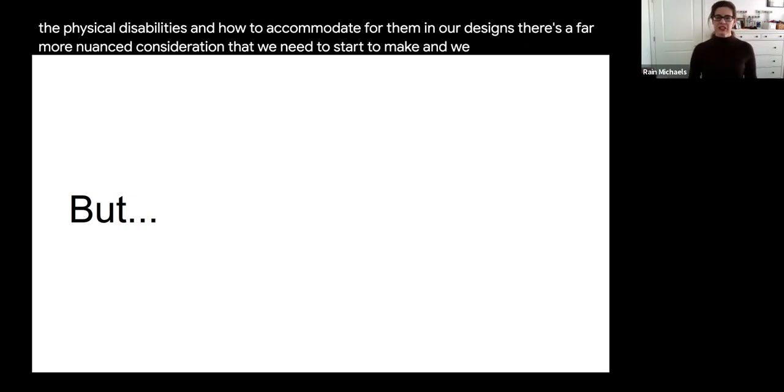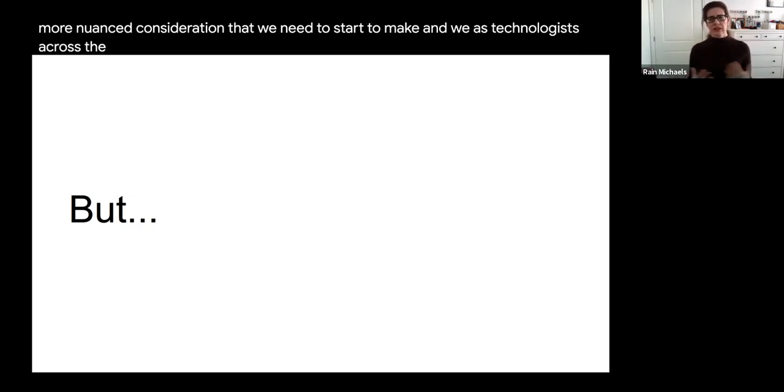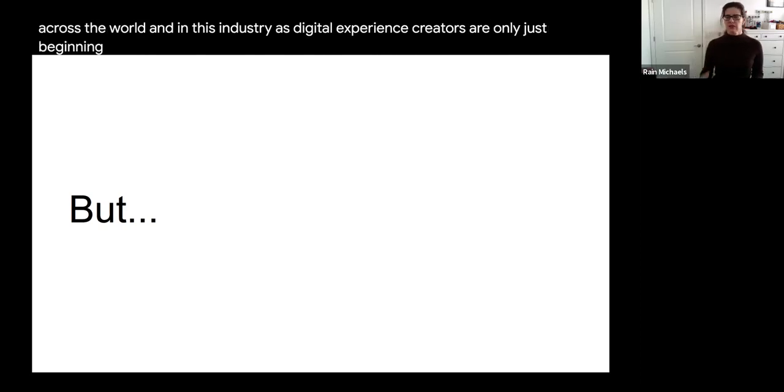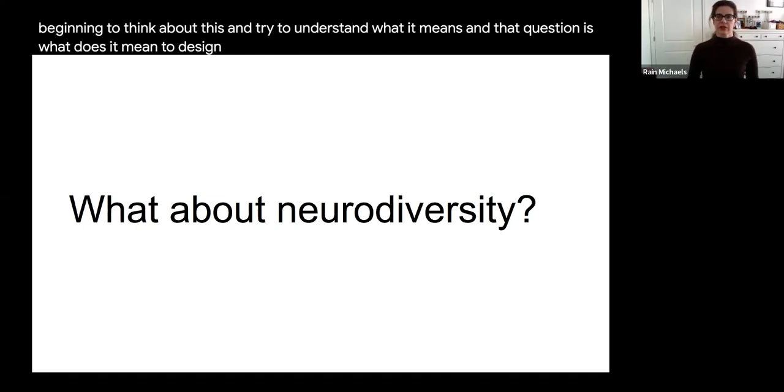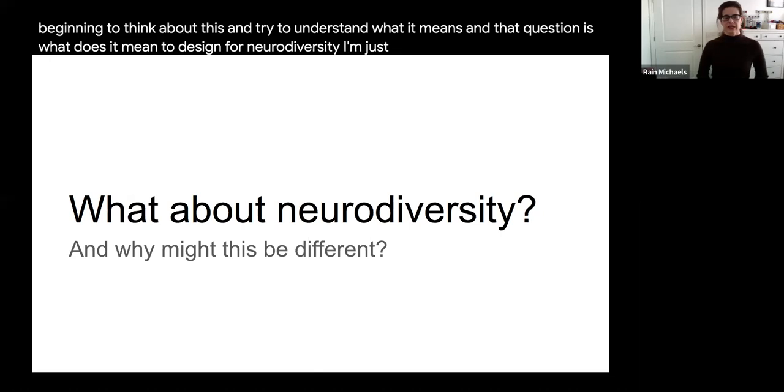And we as technologists across the world and in this industry, as digital experience creators, are only just beginning to think about this and try to understand what it means. And that question is, what does it mean to design for neurodiversity? Why would it be different from just standard good design?